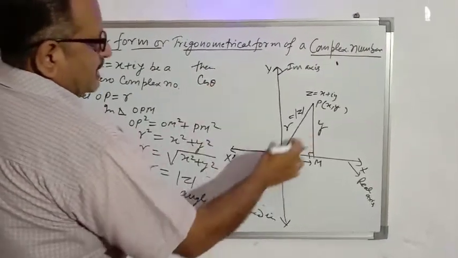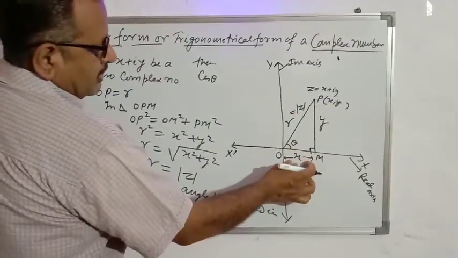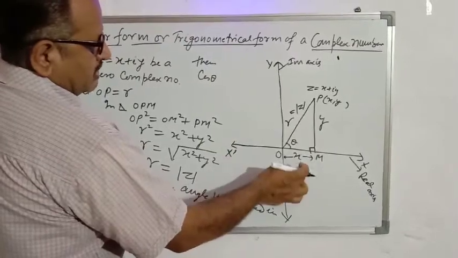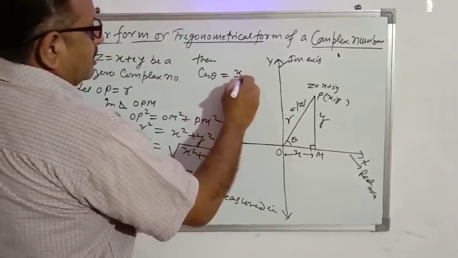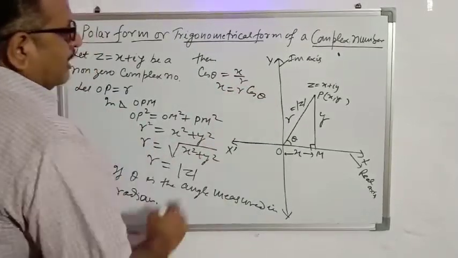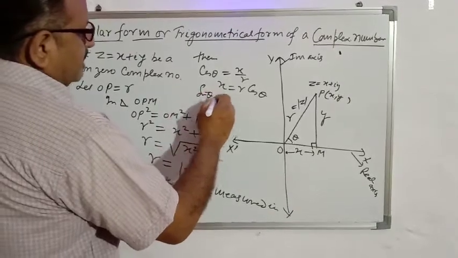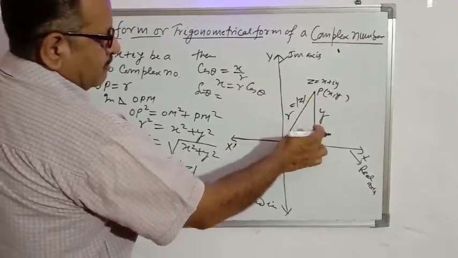what will be cos theta in this triangle OPM? Cos theta will be base by hypotenuse, so base by hypotenuse means x by r. So what will be x? r cos theta. And if we take sin theta in this triangle, sin theta is perpendicular by hypotenuse.